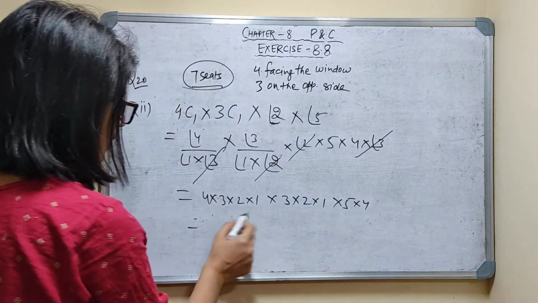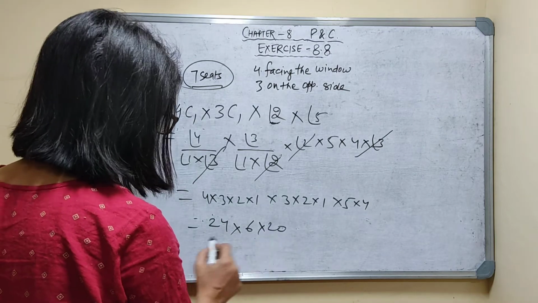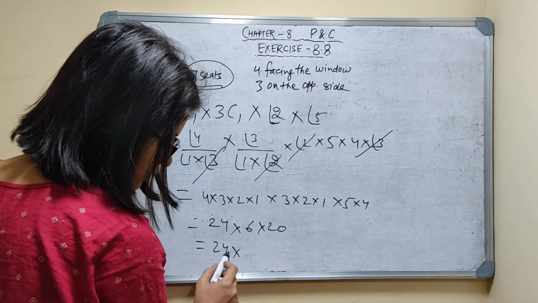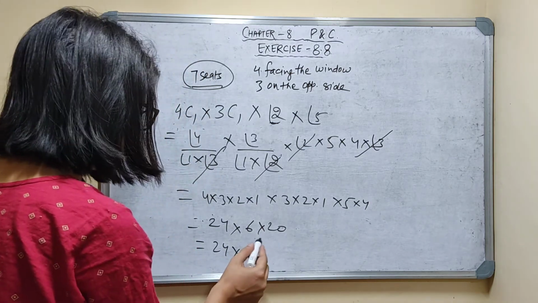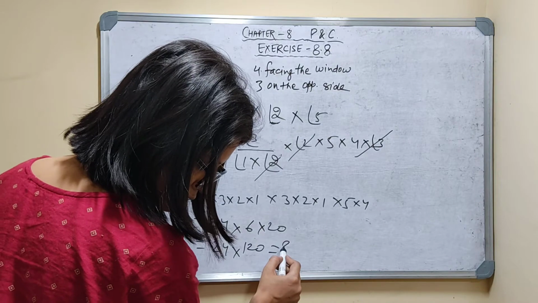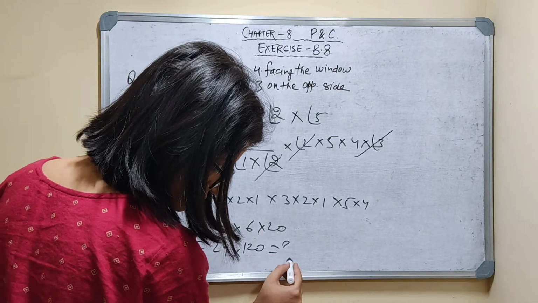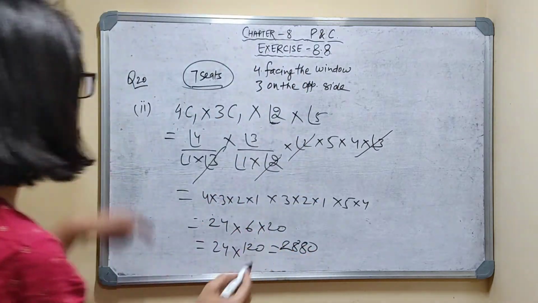So 4 threes are 12, 12 twos are 24, into 3 is 6, into 5 is 20. So 24 into 120 gives 2880. I made a mistake in the first part.